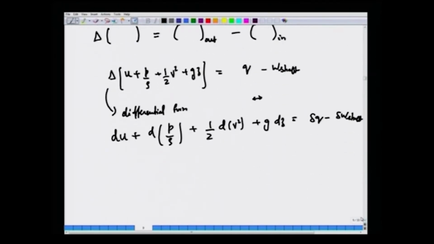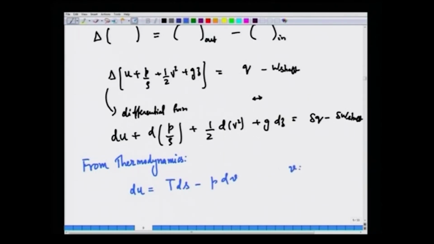Okay. So, now I am going to use relations from thermodynamics. Thermodynamics tells us that du is T ds minus P dV.